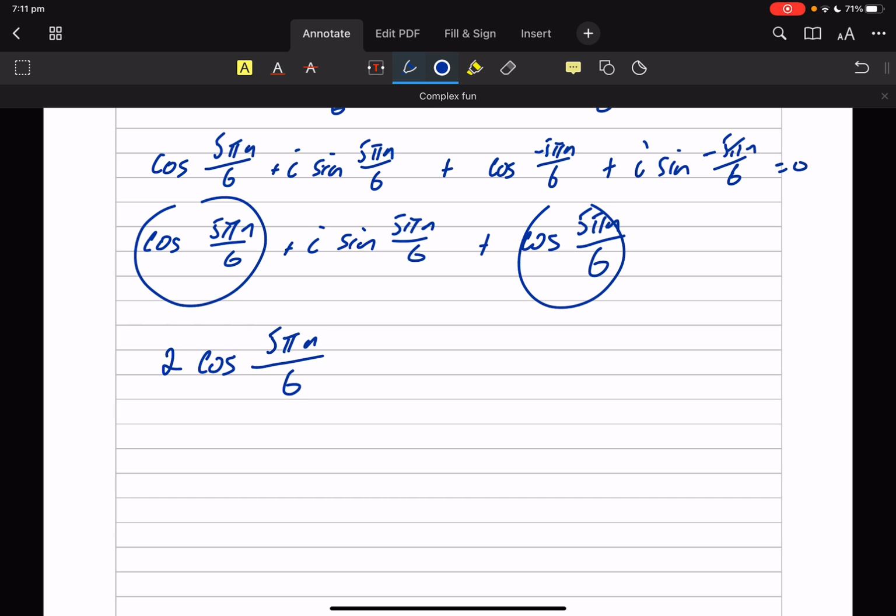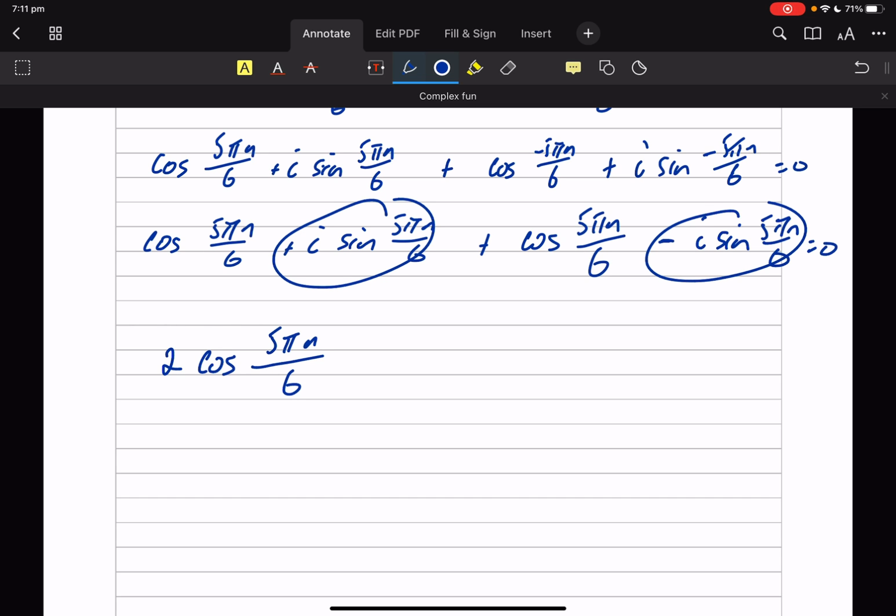And we also worked out that this sine goes to minus i sine. And they're like terms, and they go to 0 because I'm subtracting one from the other.